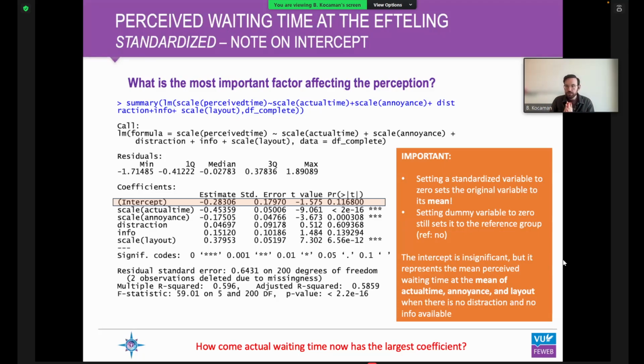When you set a dummy to 0, you basically set it to its reference group. So the intercept will always represent the reference group. But here, because we have two dummy variables and we set both of them to 0, it means the condition of no distraction and no information.